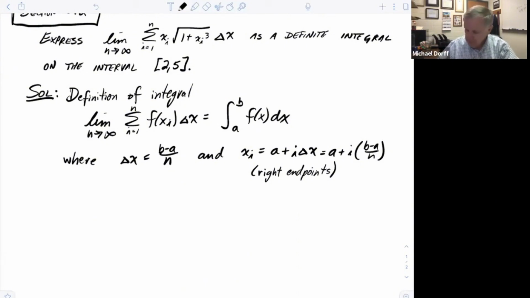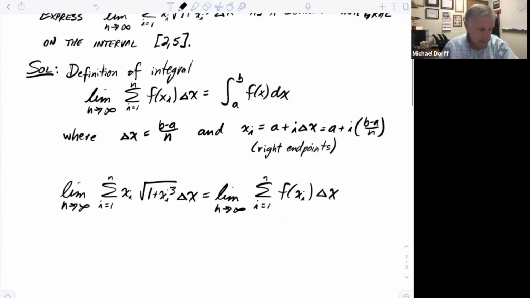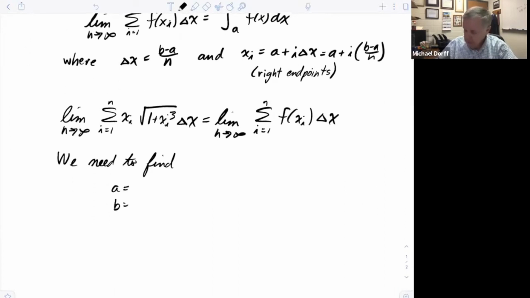So again, we start with the limit as n goes to infinity of the sum, i equals 1 to n, of x sub i square root of 1 plus x sub i cubed delta x. In the definition, that represents the limit of the sum, i equals 1 to n, of f of x sub i delta x. To solve this one, we need to find a, b, and f of x.